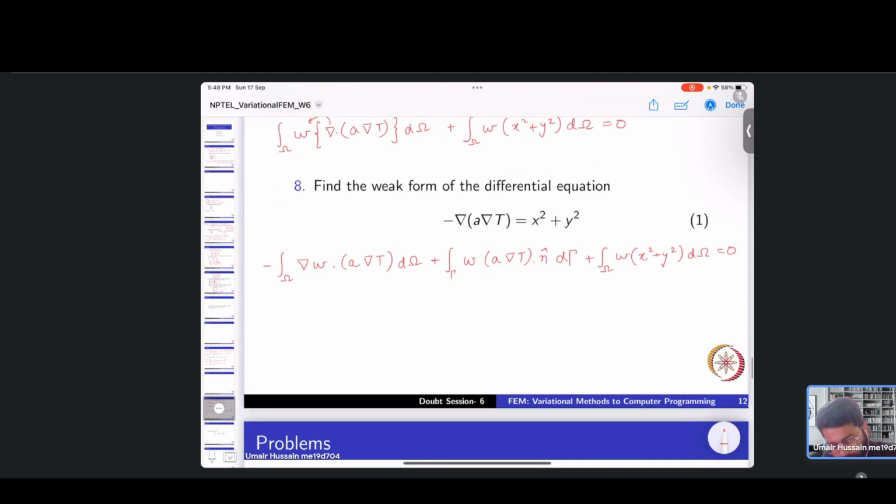So we can write this as, where gamma represents the boundary of the domain omega.